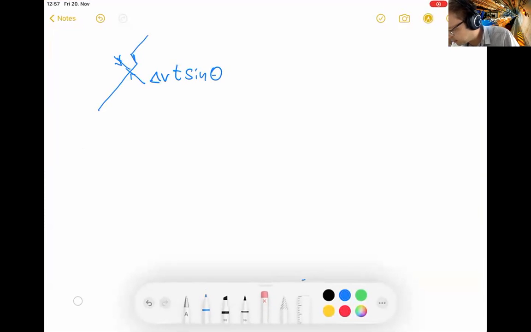I think it doesn't hurt if I go a little bit slow now. Let me erase this. So that's this displacement. And this displacement here is just c times delta t.